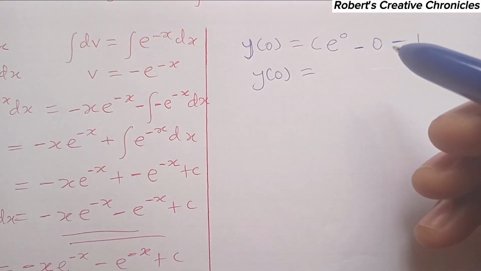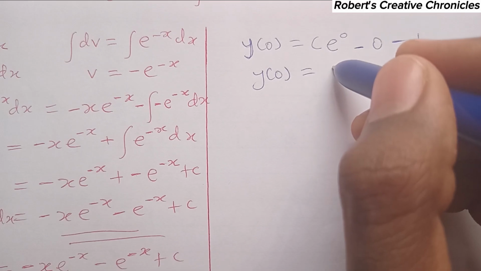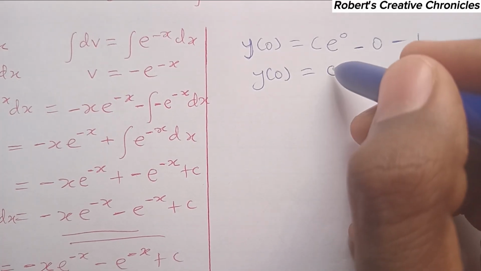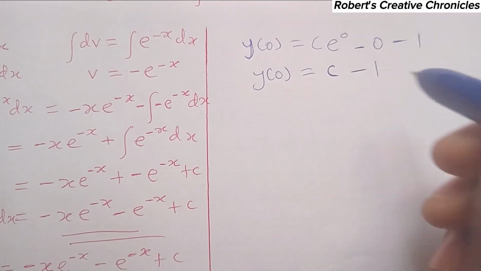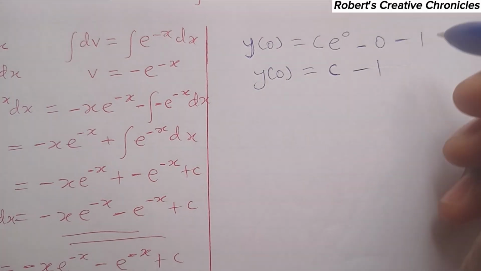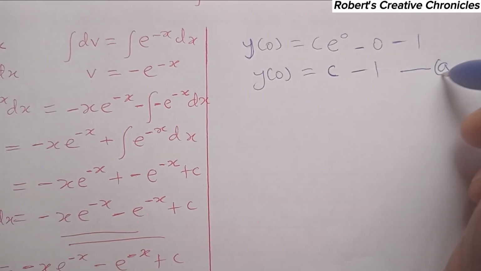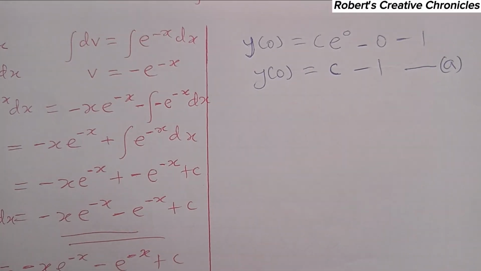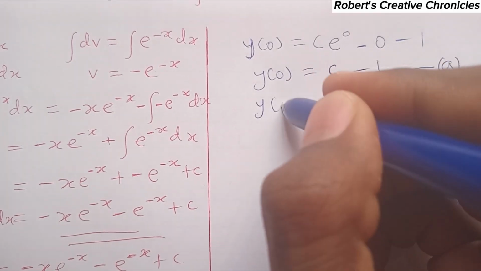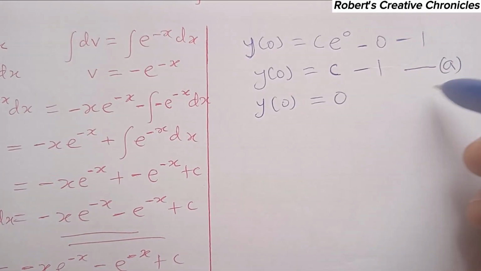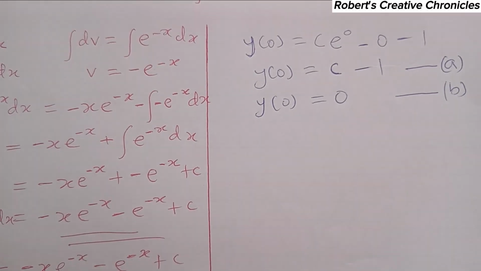This exponent 0 is 1, so this becomes C minus 1. So this becomes our equation A. And the second one, which was given, becomes our second equation, equation B.